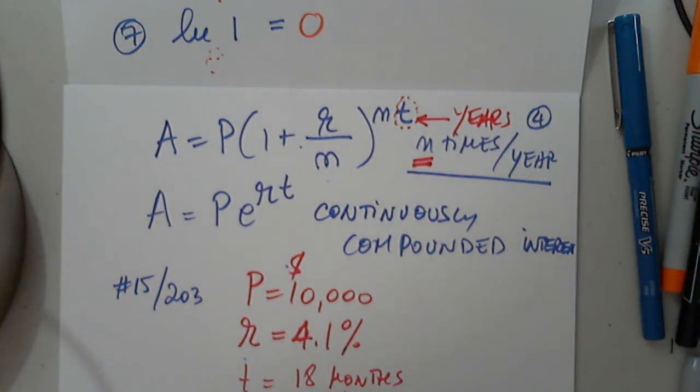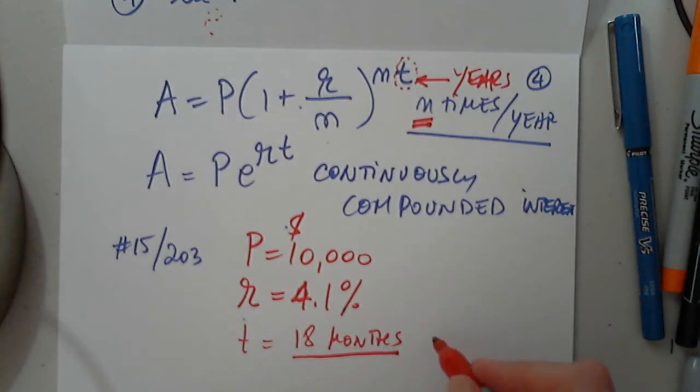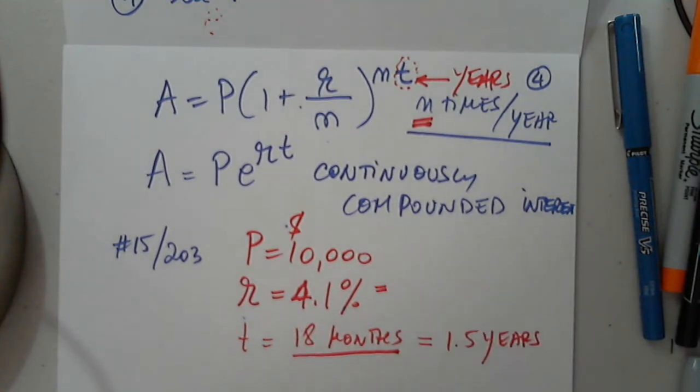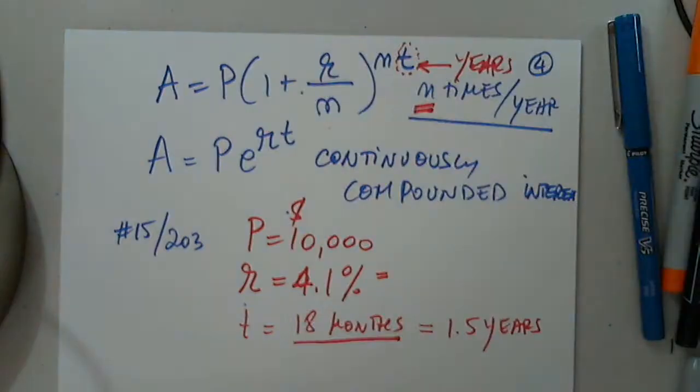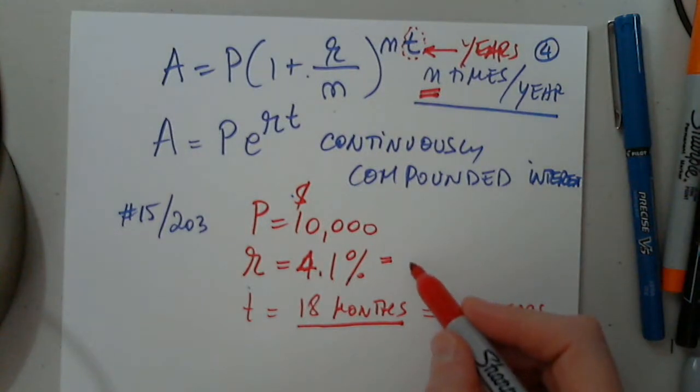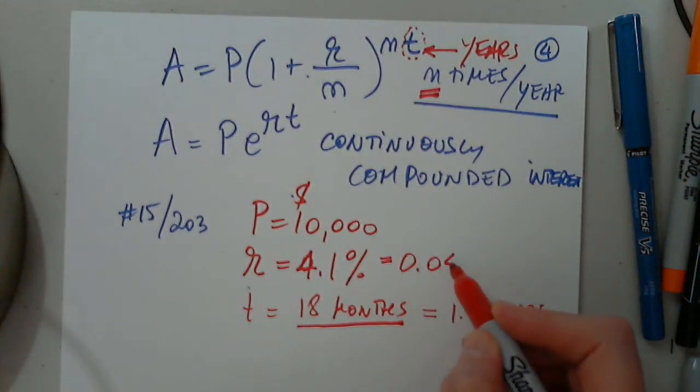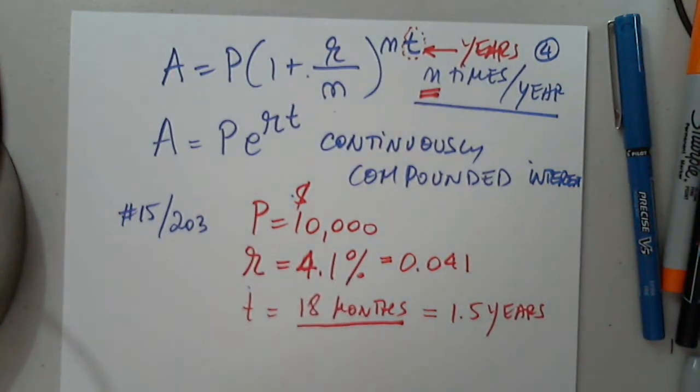So this is tricky. They're telling us 18 months, but we have to change it to 1.5 years. And the rate has to be changed into a decimal, 0.041. Excellent. Okay, so now I'm ready to do that.